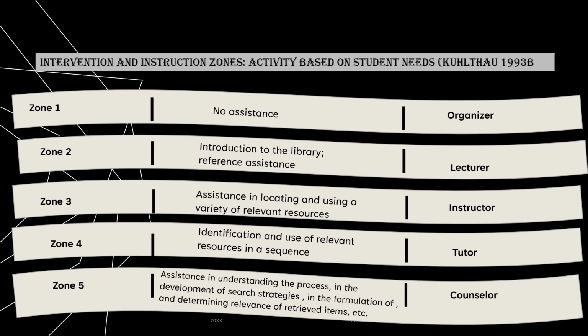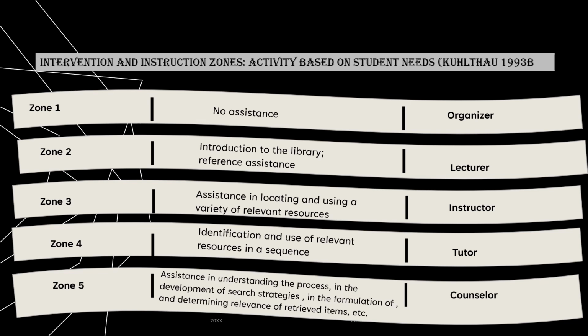Vygotsky's model of zones of proximal development can also be useful in describing the levels of assistance that students might require at particular points in their ISP. In this model, each higher level assumes the provision of services at all preceding levels.